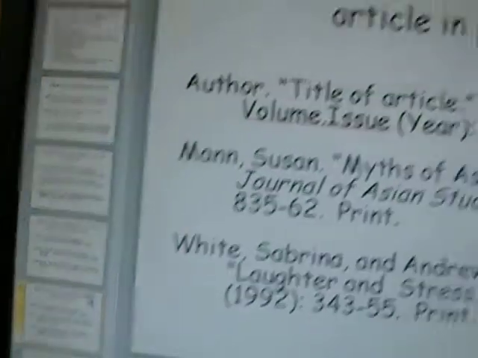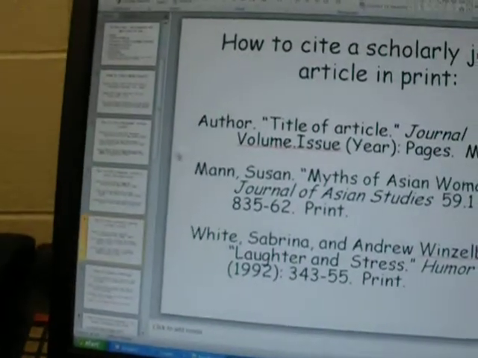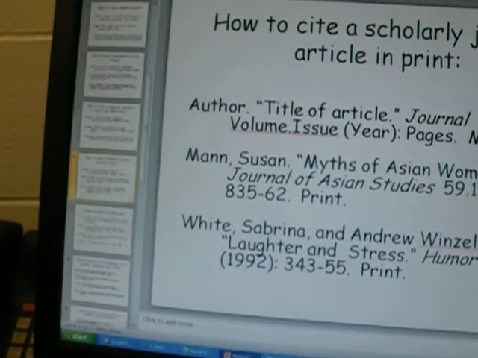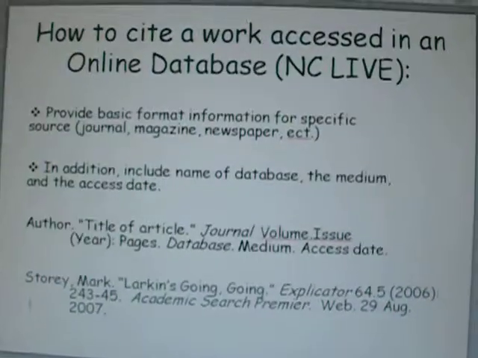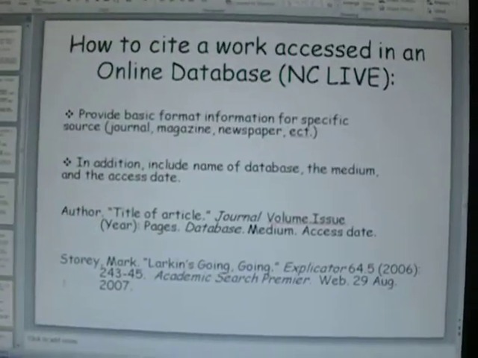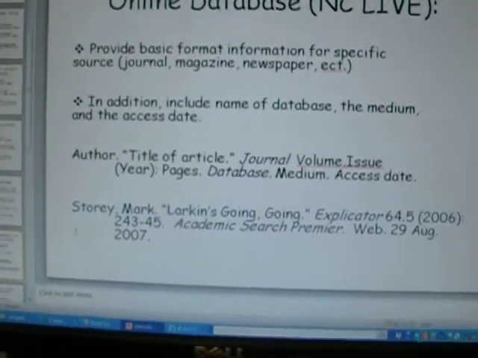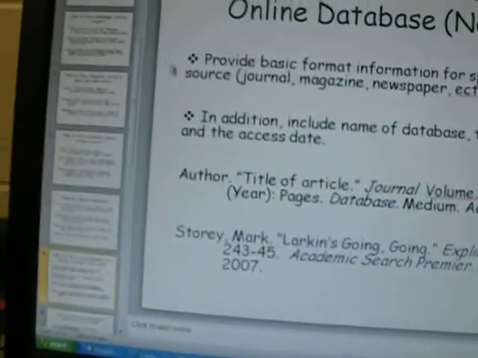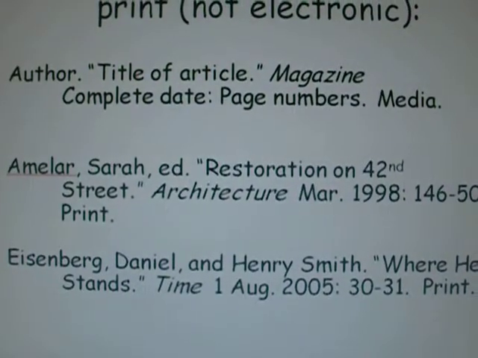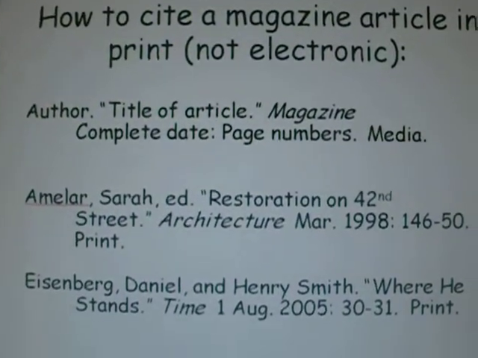So if I go to the slide, that's a journal in print. Let me back up real quick. Interviews are important. This slide is a great slide. How to cite a work accessed on an NC Live or any kind of online database. You're going to cite it as what it is. If it's a magazine, you're going to cite it as a magazine. You're going to take off that word print, and that's the basic formula for a magazine.